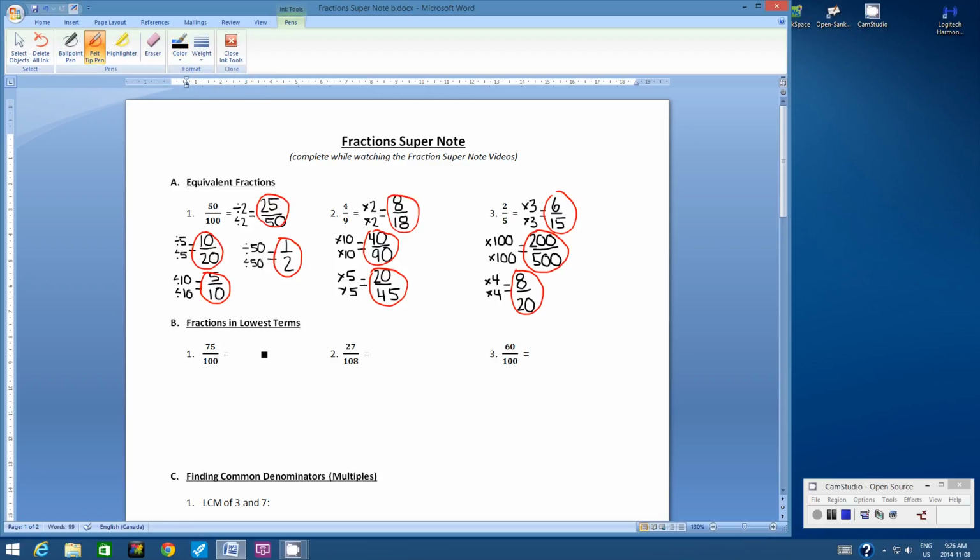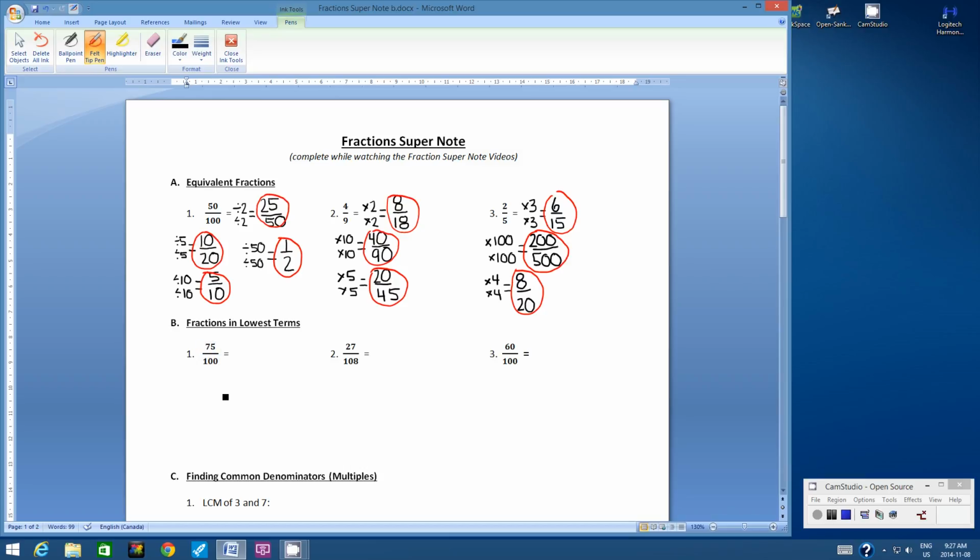Okay, let's go on to section B, fractions in lowest terms. Now, when we're asked to reduce a fraction or simplify a fraction to lowest terms, we always have to be thinking about division. So it's very similar to the question that we did in section A, question 1. So we have to think about a number that can divide evenly into both the numerator and the denominator.